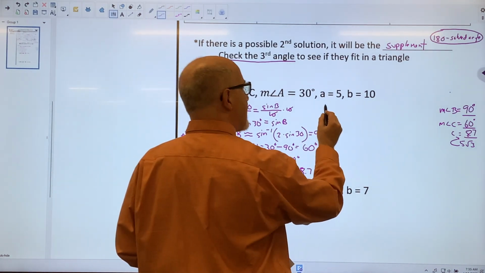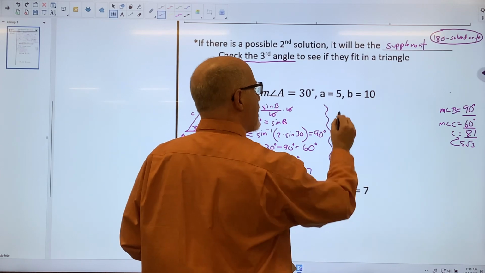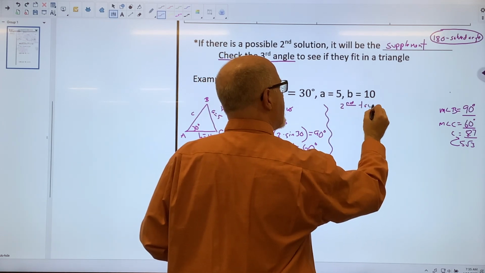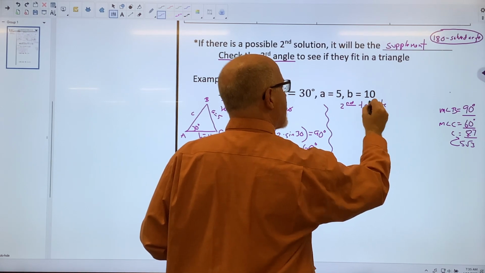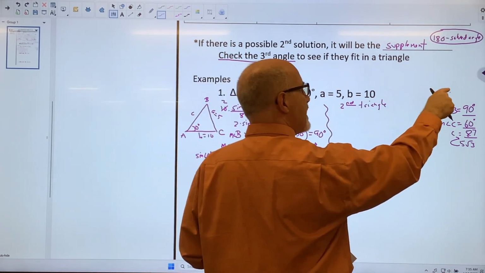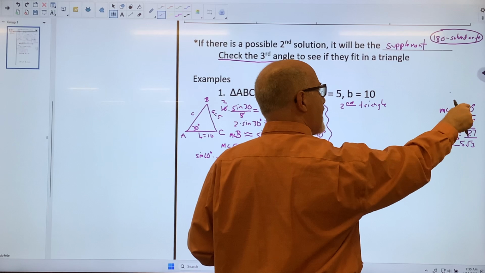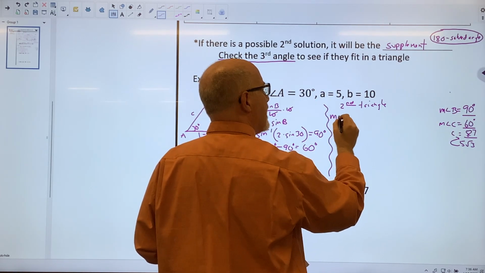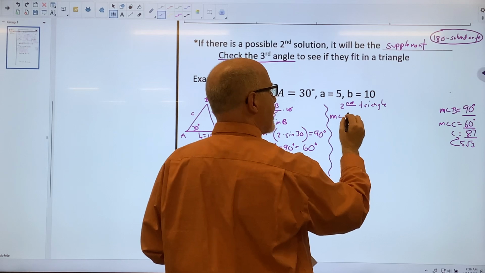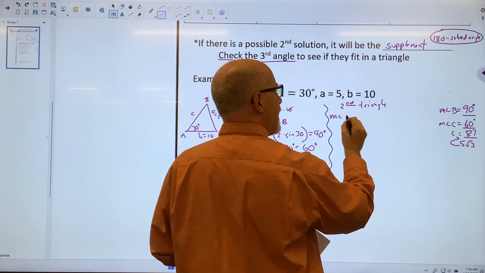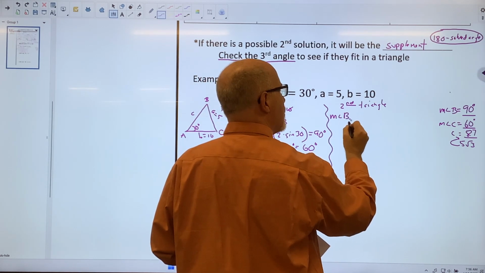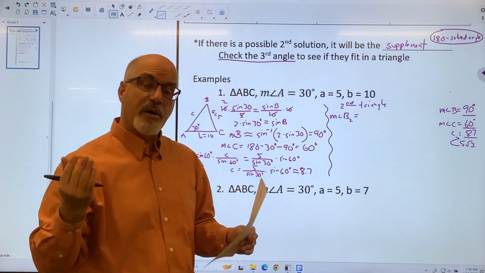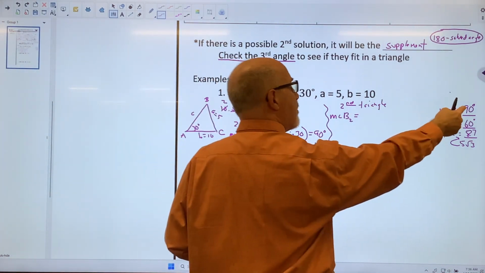Now let's check a second case, the possibility for a second triangle. Remember, for a second triangle, I have to take the supplement of the solved angle, that first angle I have here. So the measure of angle B sub 2, the possibility of a second angle B, would be the supplement of that.